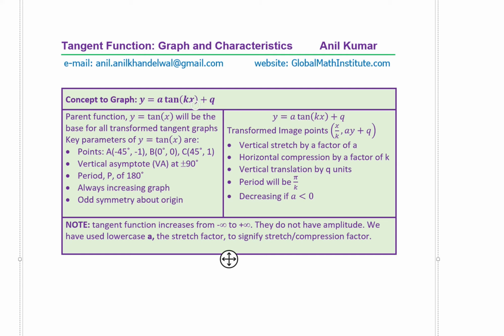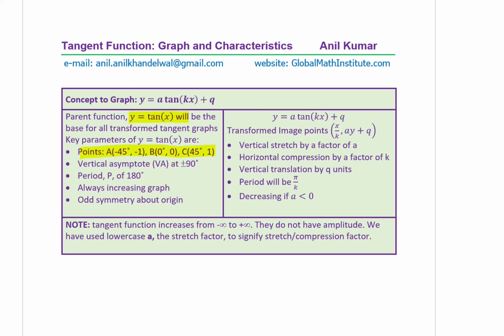In this example, initially, we will not consider the phase shift. We are going to include the phase shift in the later half, but let's master all other transformations. Always when we talk about transformations, the parent function has to be y equals tan x, correct? That becomes the base.